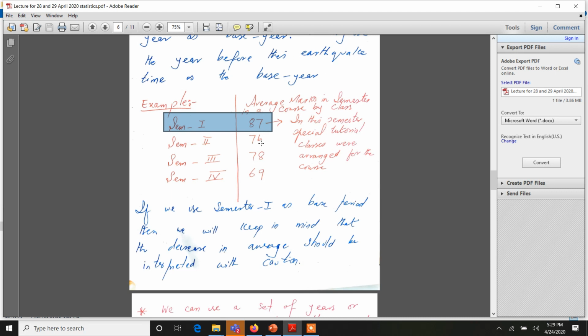In semester 2, it got 76. In semester 3, it got 78, and so on. If you see, other than semester 1, the class performance is somewhat comparable, but semester 1 is exceptionally high compared to the other semesters. So if we use semester 1 as the base period, then we'll keep in mind that the decrease in average should be interpreted with caution because this is not a normal semester.